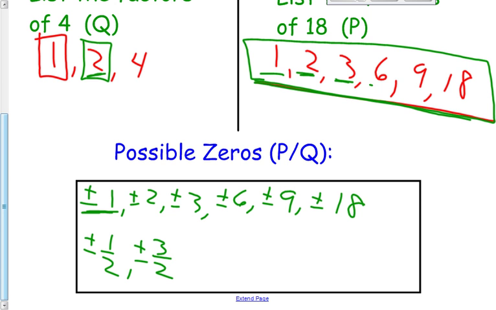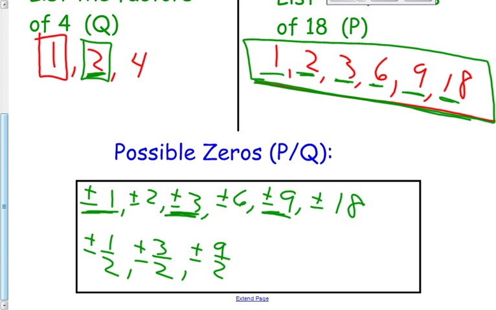Now we're on to 6 divided by 2. 6 divided by 2 is 3, and we already have 3 written down. It's right there, so we don't have to write it down again. 9 divided by 2 is plus and minus 9 halves. And then our last one, 18 divided by 2, is 18 halves. And 18 halves is the same thing as 9, and 9 is already written down right here. So we don't have to write down that one.